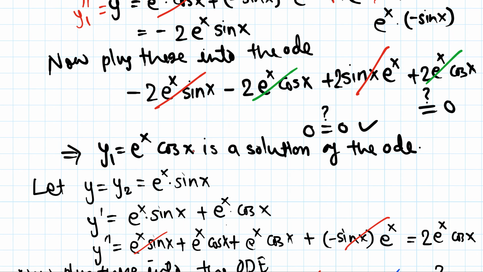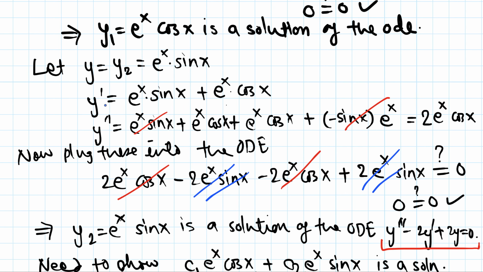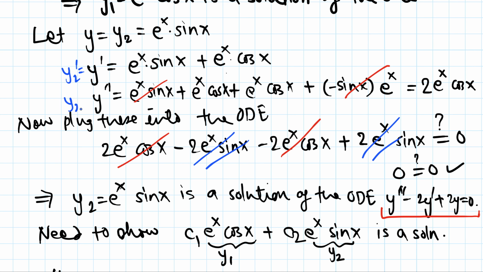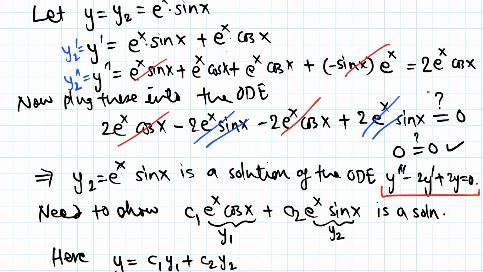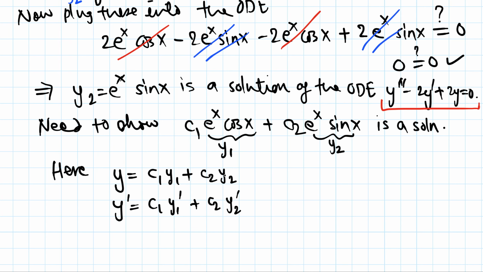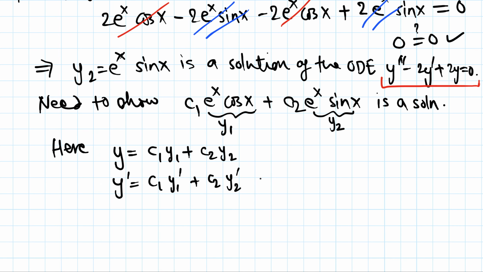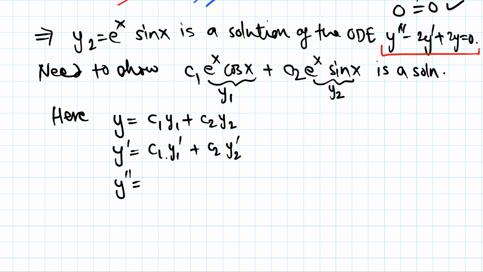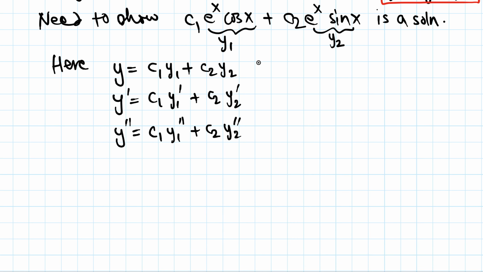Because this is y1, and if we come here, this is y2 prime, and this is y2 double prime, by the way. Okay, so we can use that, and y double prime will be, then just find derivative one more time. C1 is constant, survives, y1 double prime plus C2 y2 double prime.